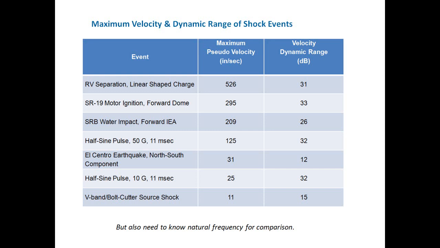But otherwise, that V-band bolt cutter source shock was actually fairly benign at the one extreme, and on the other extreme, that RV separation event was extraordinarily severe. Now, really, to make a more detailed comparison, we also have to know what the natural frequency was of our test article. This is just sort of reducing those SRS plots to a single value, just for convenience, just for rough comparison.